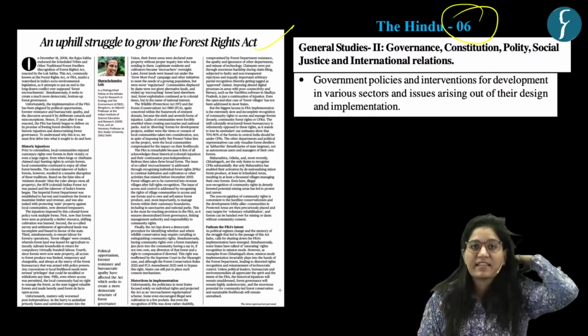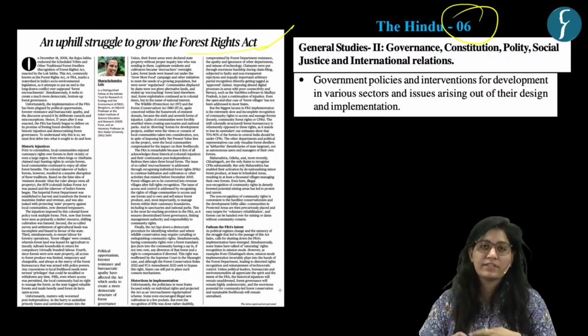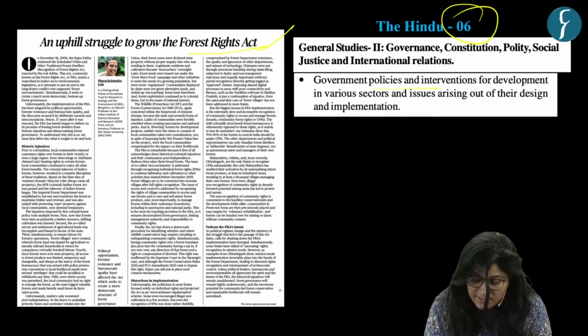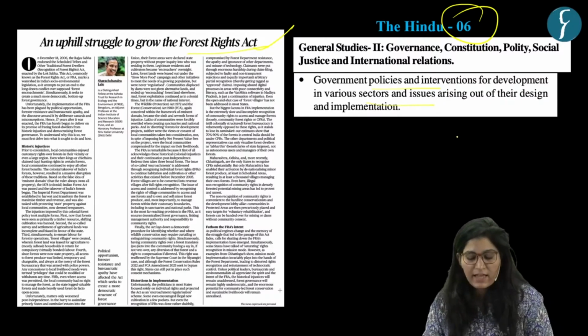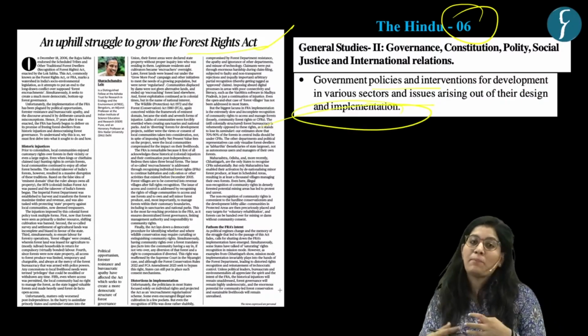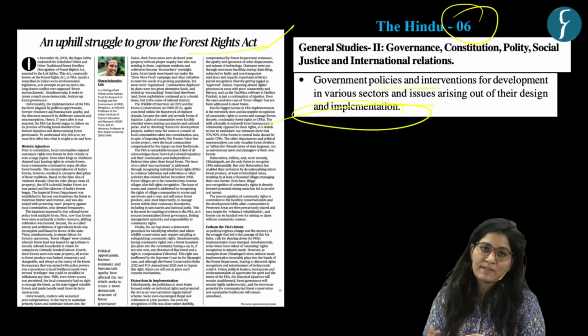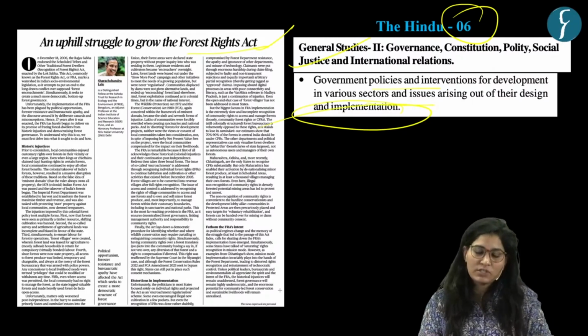See, this article talks about Forest Right Act, and you know that government policies and interventions for development in various sectors and issues arising out of design and implementation is an important part of your syllabus under GS paper 2. So that's why we have taken this topic for discussion.